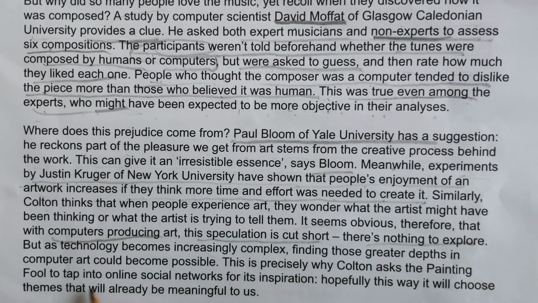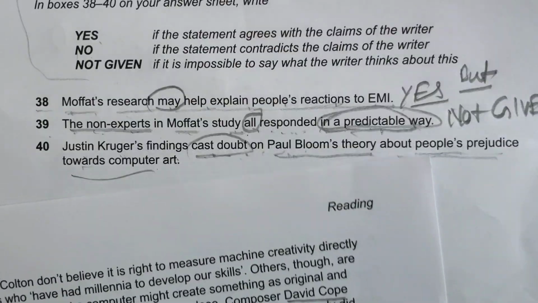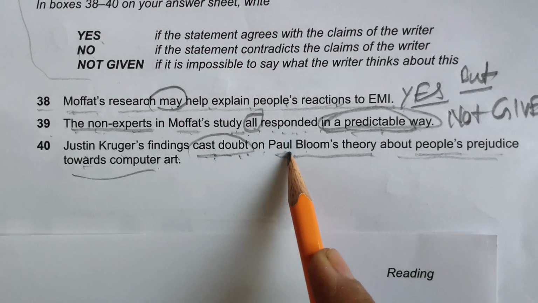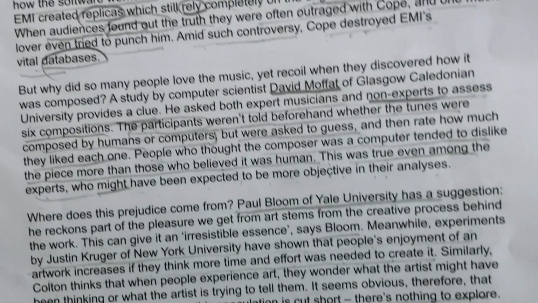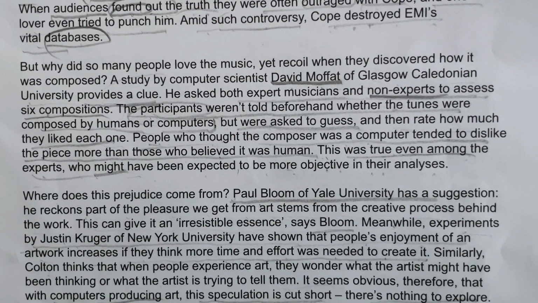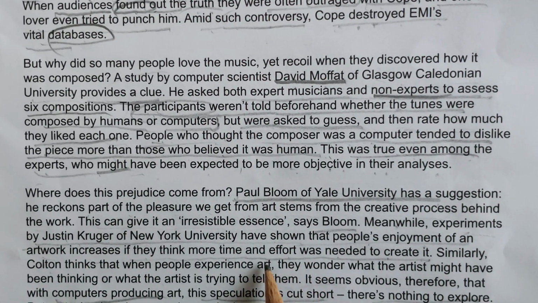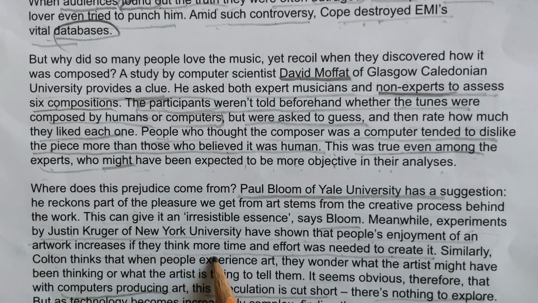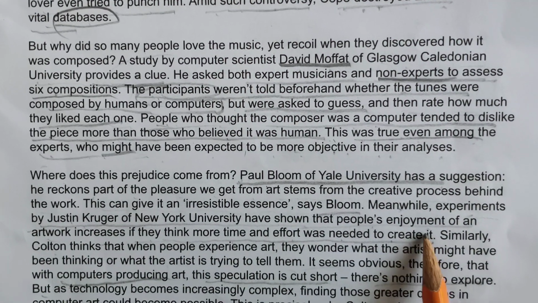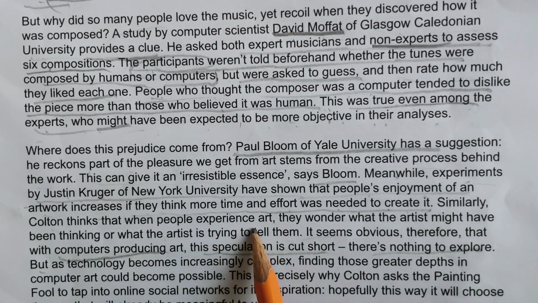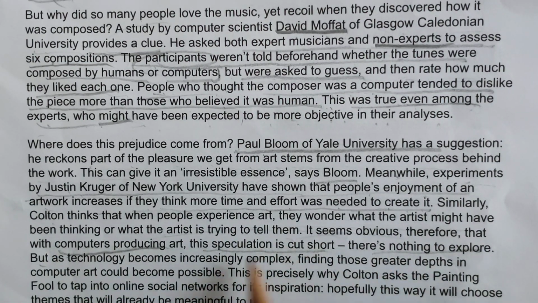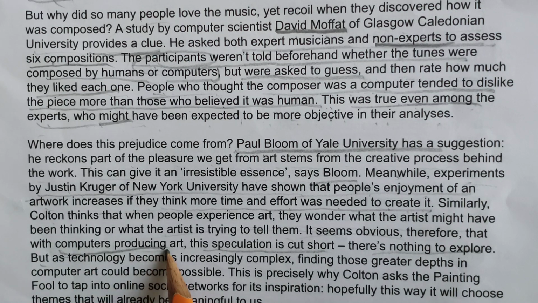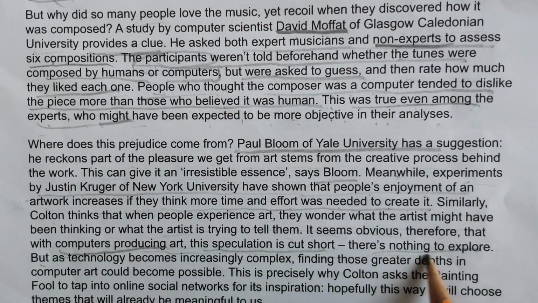There is nothing to explore. Cast doubt on Paul Bloom's theory about people's prejudice? But here he is not doing any doubting. I don't find any. Think more time and effort was needed to create it. Similarly, Colton thinks people experience art, they wonder what the artist might have been thinking. It seems obvious, therefore, that with computer-produced art speculation is cut short, there is nothing to explore.